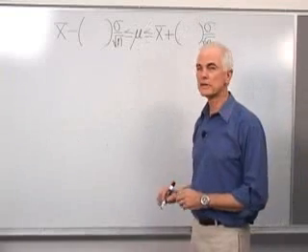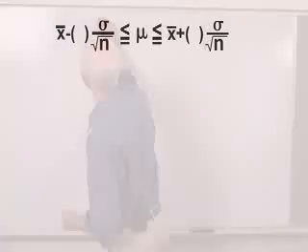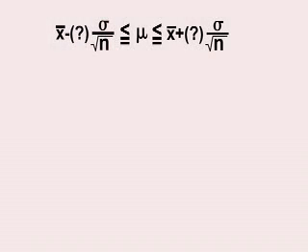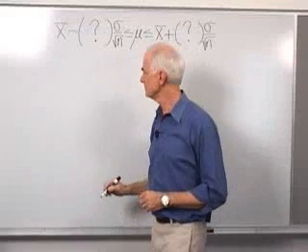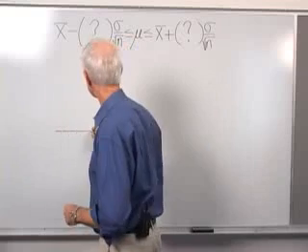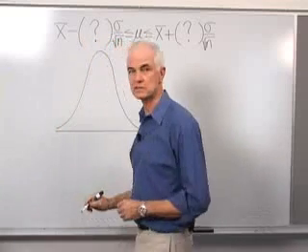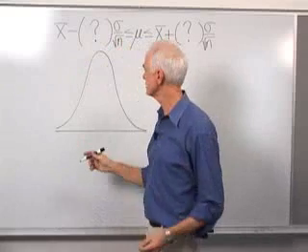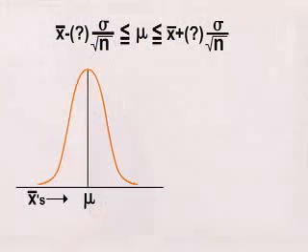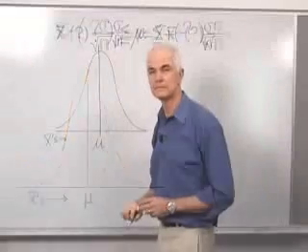So now let's determine how we would figure out what the value of Z is in this particular problem. You might recall from the central limit theorem that sample means are normally distributed for large sample sizes, regardless of the shape of the population, and that the mean of the sample means is the population mean.